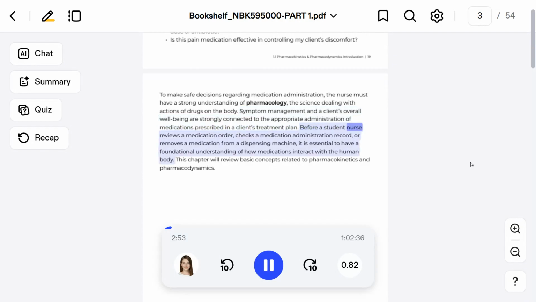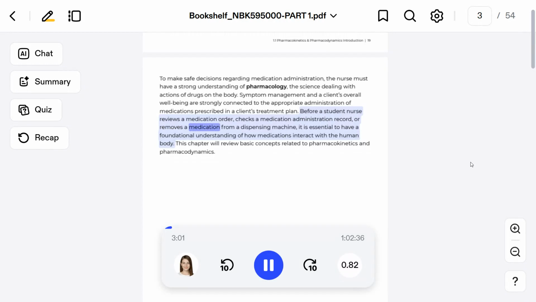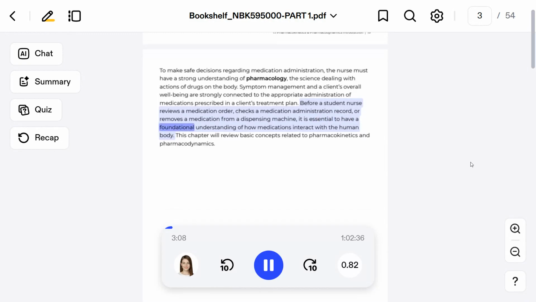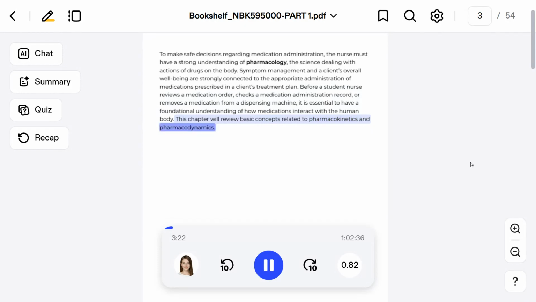Before a student nurse reviews a medication order, checks a medication administration record, or removes a medication from a dispensing machine, it is essential to have a foundational understanding of how medications interact with the human body. This chapter will review basic concepts related to pharmacokinetics and pharmacodynamics.